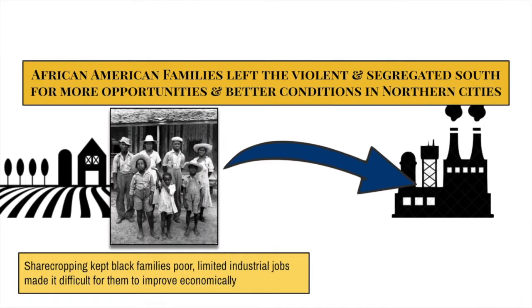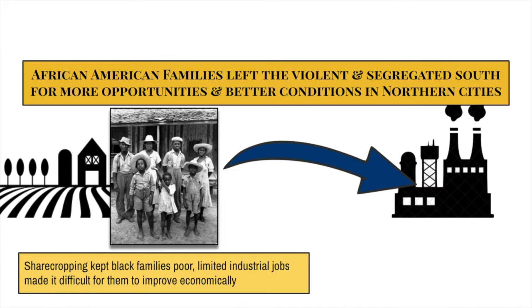Another movement of people that we're going to see is African Americans from the South. On our previous standard, we looked at life for African Americans in the South post-Reconstruction, and we know that it's not going very well. So we're going to see another population shift as African Americans leave the South because of the violence, the segregation, and the lack of opportunities. A lot of African American families were relegated to sharecropping, which kept them poor and provided limited opportunities.